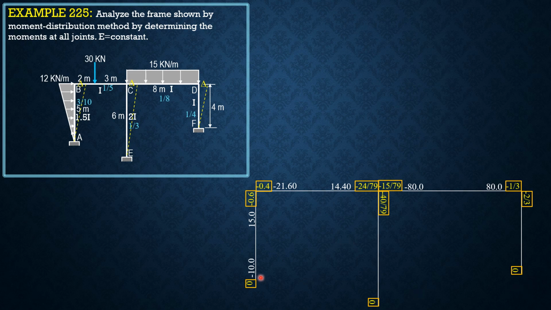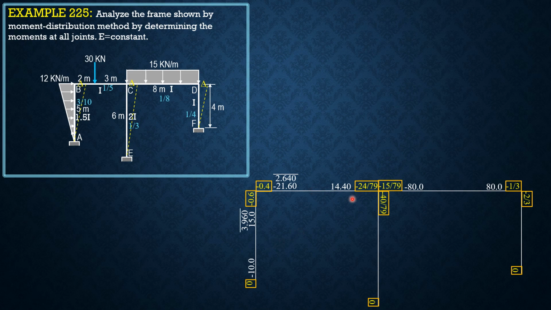So let's now distribute. Take note that the distribution factors of the lower supports are 0, so the distributed moment would be 0. Let's begin with joint B. Quantity 15 minus 21.6 times negative 0.4, so 2.64, then the same quantity times negative 0.6, 3.96.